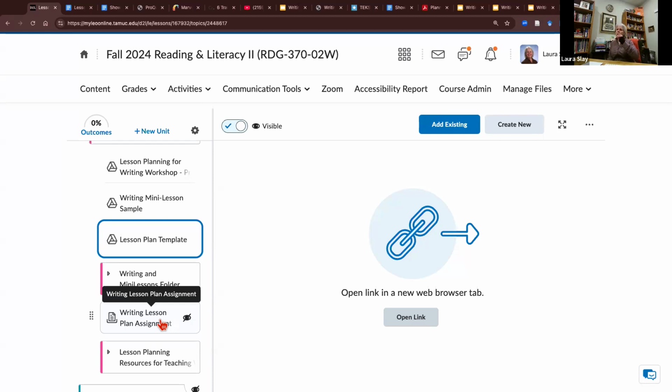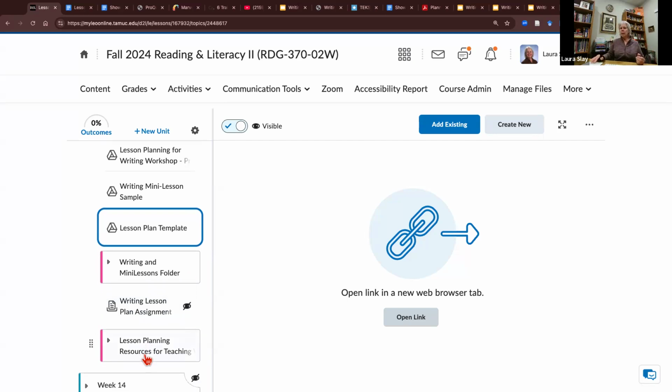You're going to decide which writing trait to focus on, because that's how you would be evaluated in the end. But then you have to find the TEKS, the learning standard that fits the bill for that particular grade level. And you're going to develop a full lesson plan for that and submit it for this week's assignment.